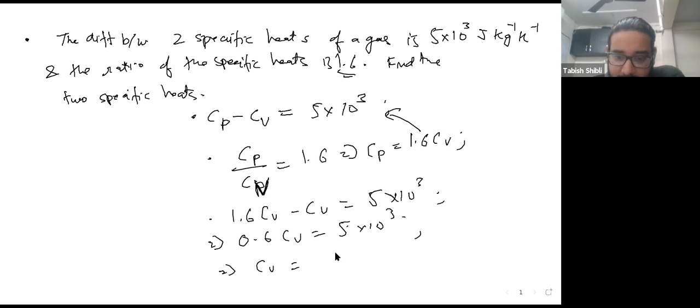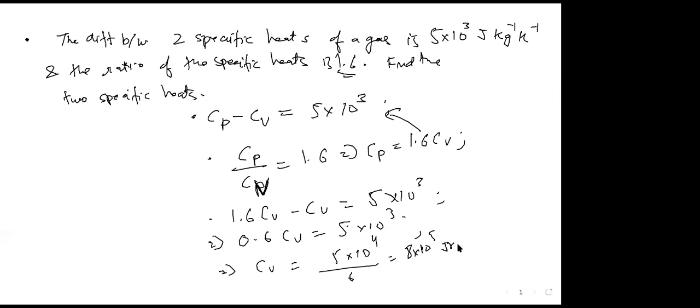So Cv is just 5 into 10 to the power 4 divided by 6, which is something like 0.8, so 8 into 10 to the power 5. Whatever units. What are the units? Joules per kilogram per Kelvin.